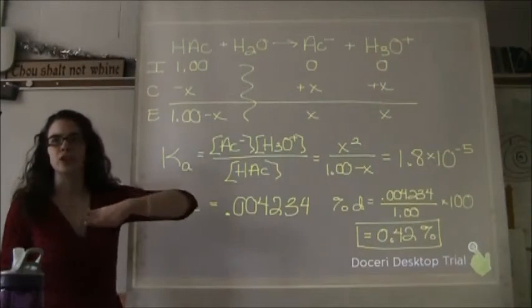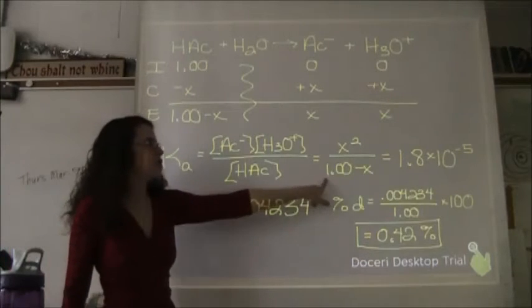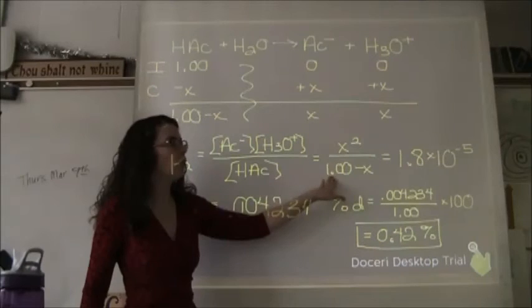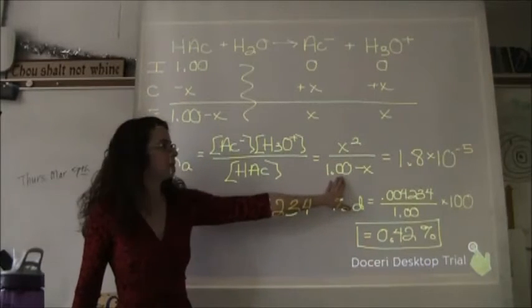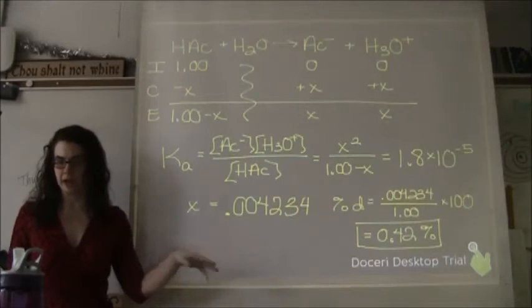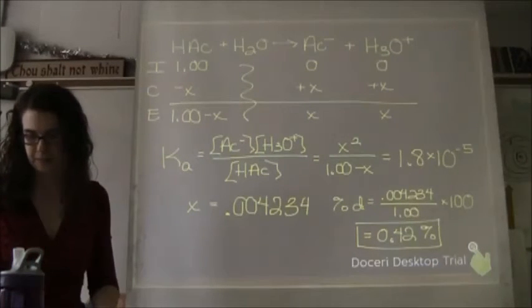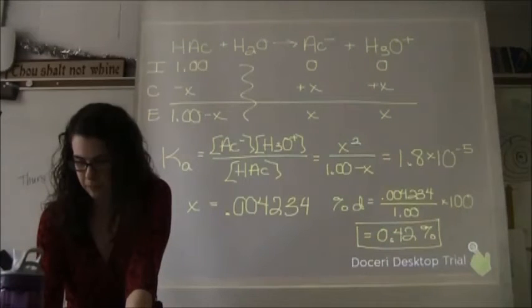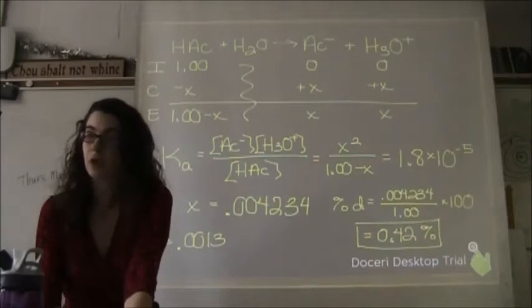All I want you to do is change the number 1.00, change that to 0.1. Tell me what you get as a new value for X. Zero, 0, 1, 3. Okay, sounds good.